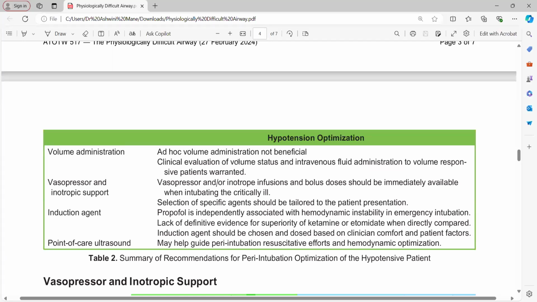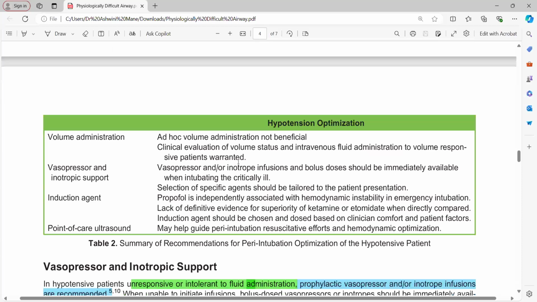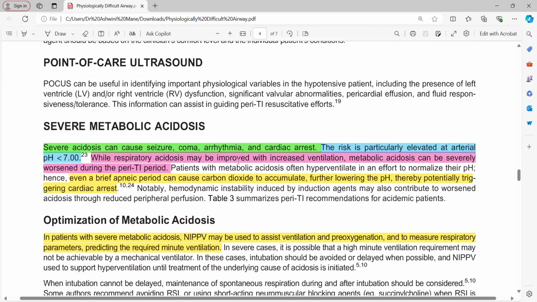Then regarding induction agent, propofol is independently associated with hemodynamic instability in emergency intubation. There is a lack of definitive evidence for superiority of ketamine or etomidate when directly compared. Induction agent should be chosen and dosed based on clinician comfort and patient factors. Point of care ultrasound may help guide peri-intubation resuscitative efforts and hemodynamic optimization.